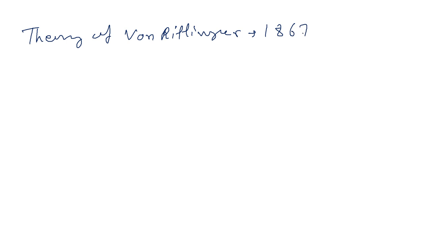First is the theory of von Rittinger, given by von Rittinger in 1861. It is also called Rittinger's law.